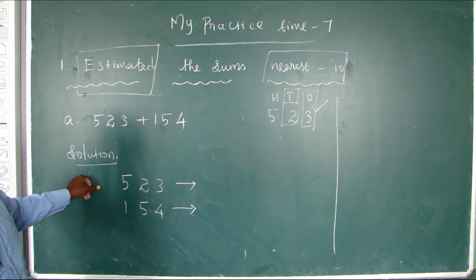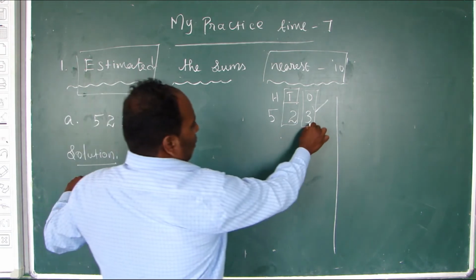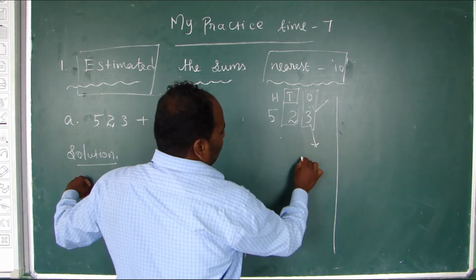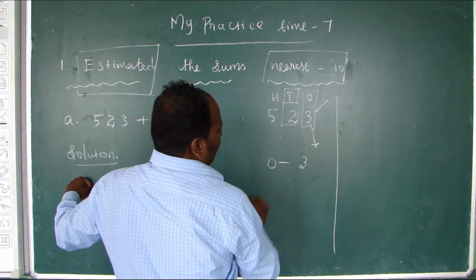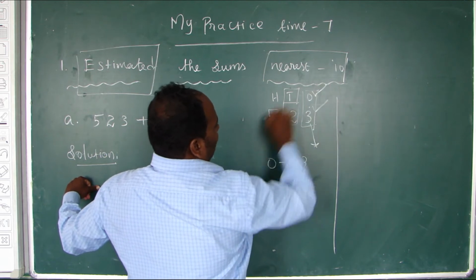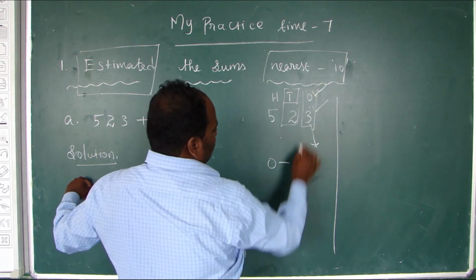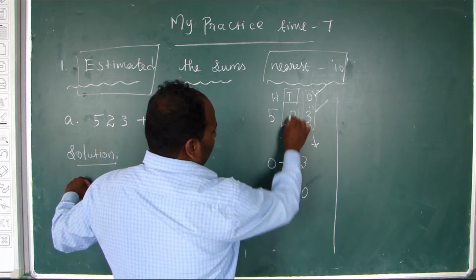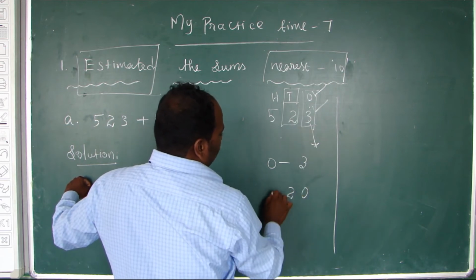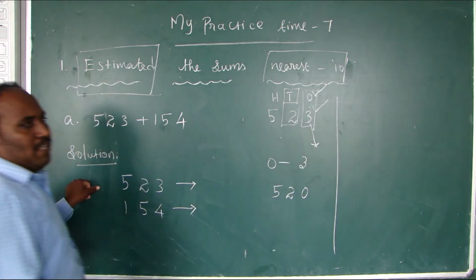Otherwise, no change. Here the ones place is 3, so the ones place becomes 0, the tens place is 2 and the hundreds place is 5.